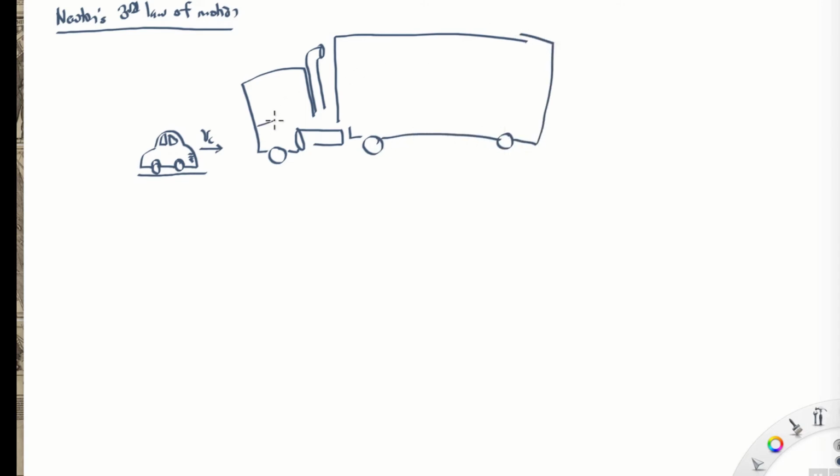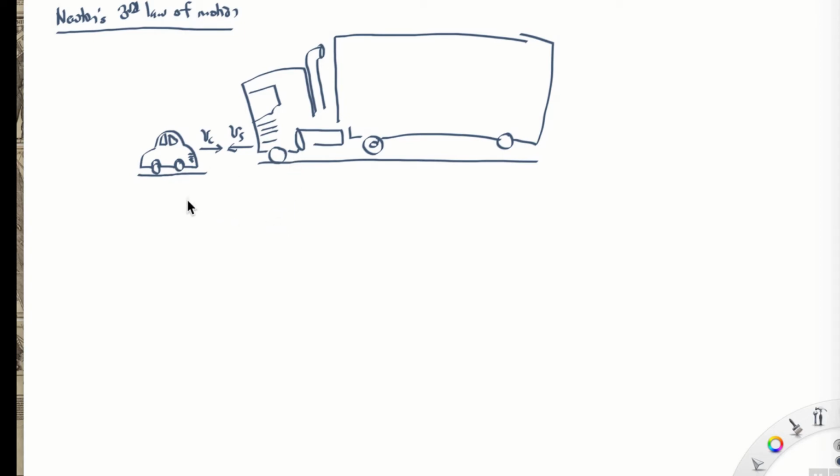Here is a semi-truck that is approaching you at some high rate of speed. All right, and I'll draw the velocity of the semi. And I want you to consider a head-on collision between the Volkswagen Bug and this semi.